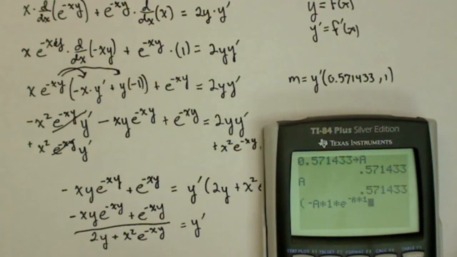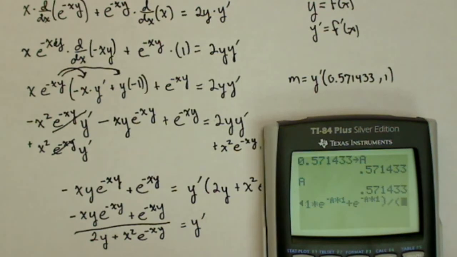And we'll get out of the exponent, plus e to the negative A times 1, and that completes our numerator, divided by now our denominator.